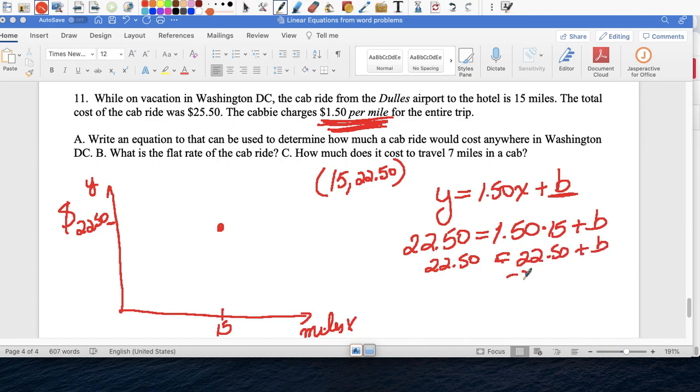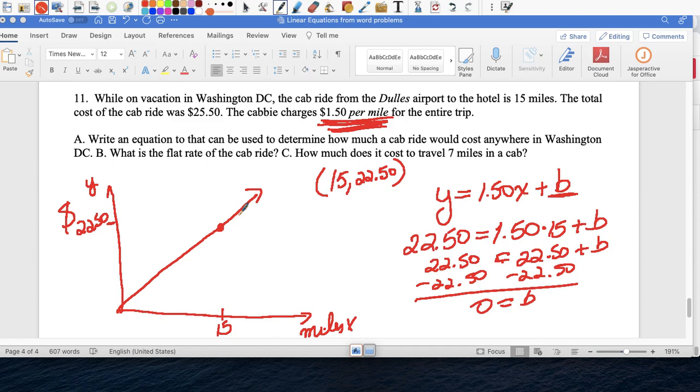So in this case, unless I did something really wrong, b equals 0, there's no extra charge. So it's just $1.50 per mile. Is that what it is? That's so unusual. Let me just multiply this again. 1.5 times 15. No, it's 22.5.